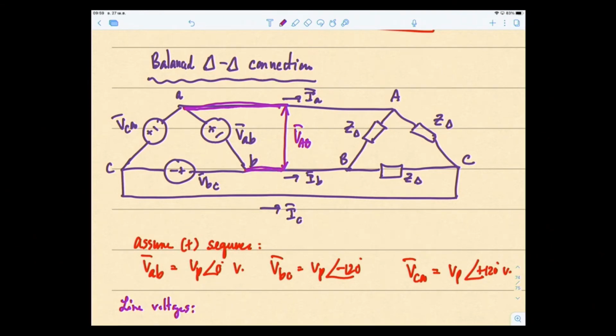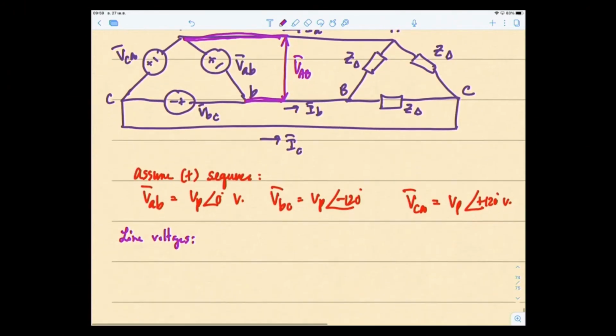It's the phase voltage also. It's the same phase voltage. So therefore the line voltage, VAB, is the same thing as the phase voltage.